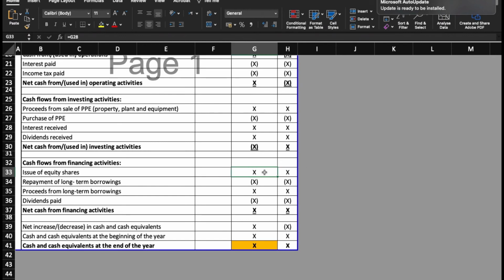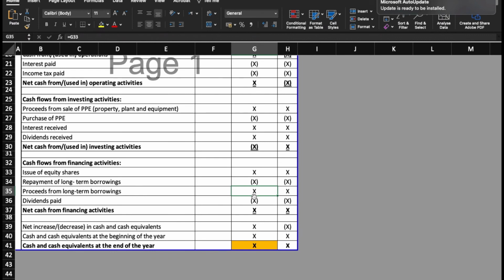Then if the entity makes repayment of any long-term borrowings, it would be cash out. We need to deduct this amount from our financing activities. At the same time, if we receive proceeds from long-term borrowings, we need to add that amount to financing activities.